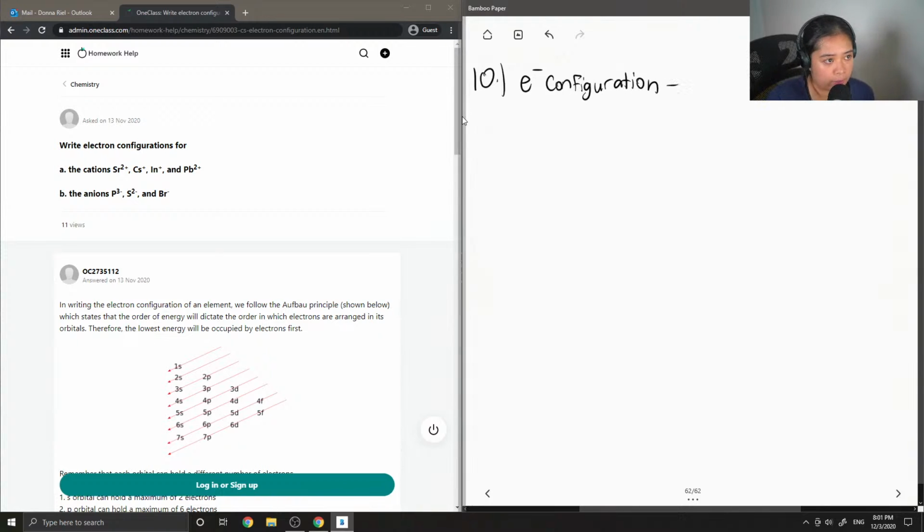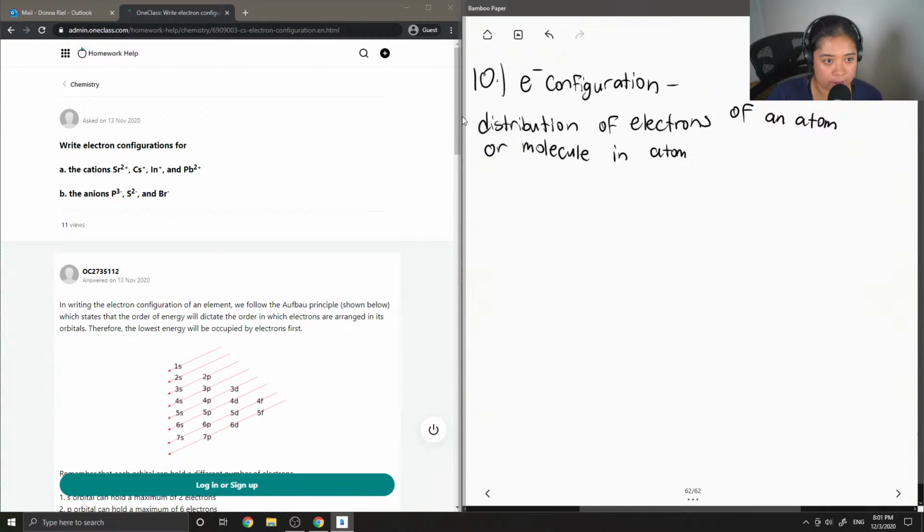Electron configuration is the distribution of electrons of an atom or molecule in atomic or molecular orbitals.